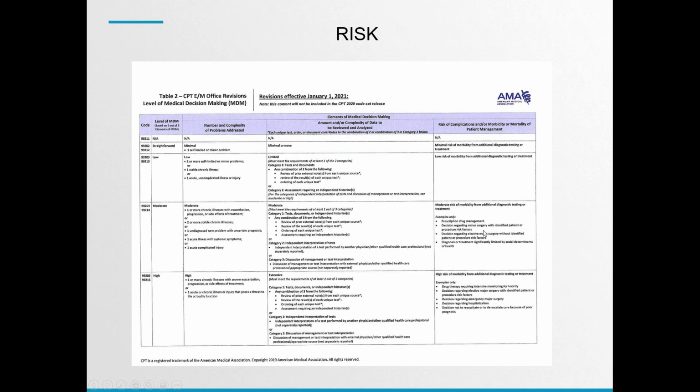The decision regarding minor surgery that has identified risk factors, an elective major surgery without risk factors. And here you see falling under the category of risk is that diagnosis or treatment that is significantly limited by social determinants of health. When we get to the high risk column, this really didn't change. Someone who needs emergency major surgery, the decision for hospitalization, elective major surgery that has some identified risk factors, and so on.